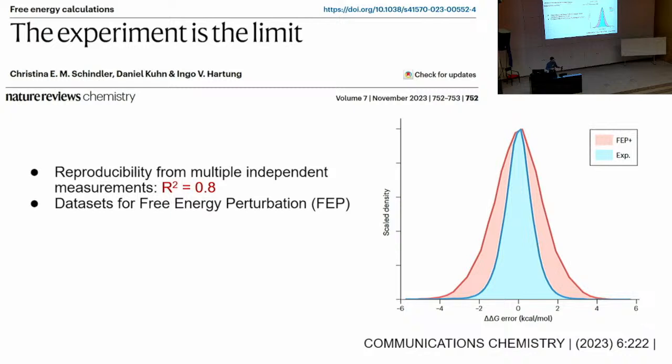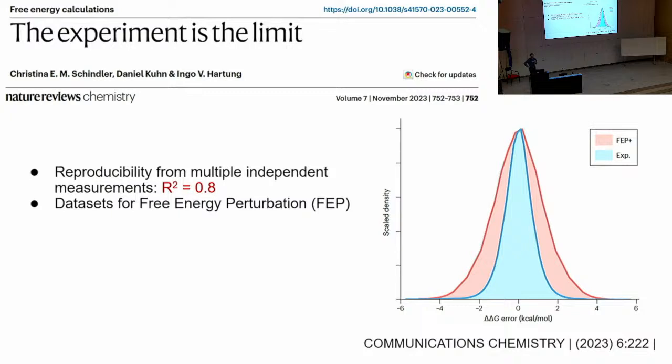Because we need to compare to the truth, and the truth is not crystal clear. There was a recent review which is called "The Experiment is the Limit" in Nature Reviews Chemistry, which showed that the distribution of experimental errors in terms of affinities or binding free energies, delta G, is, you can see here, plus minus 2 kilocalories.